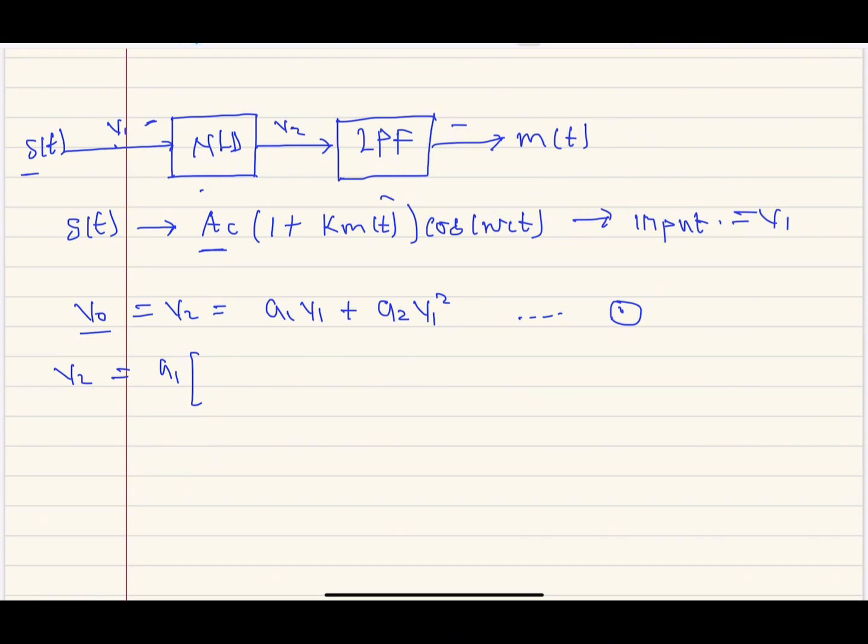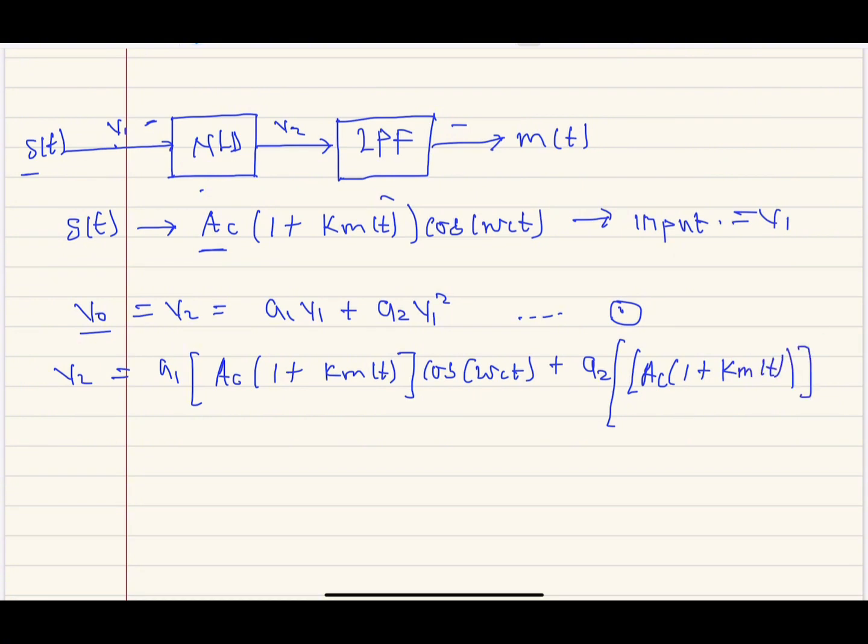In substituting into this V2 or V out equation, we are going to get A1 AC into bracket 1 plus K m of t, cos omega ct, then plus A2 into brackets AC bracket 1 plus K m of t, all squared.